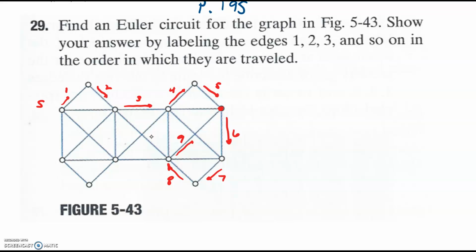Okay, I will go across here for 10. I will go diagonal this way for 11. I will go across the bottom for 12. That leaves me at this vertex. I'm going to go across here for 13.